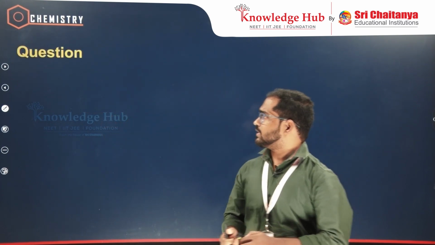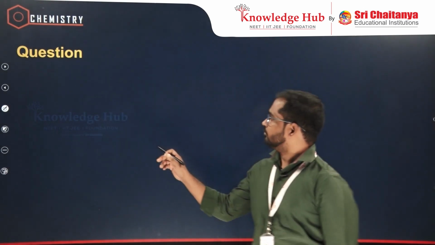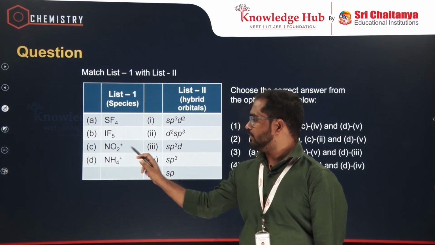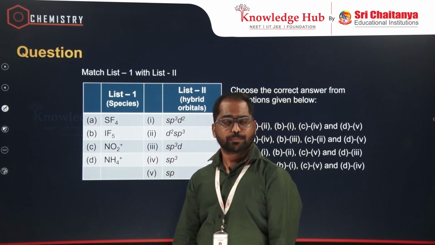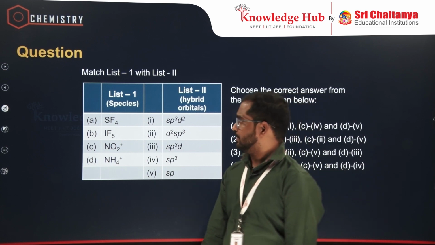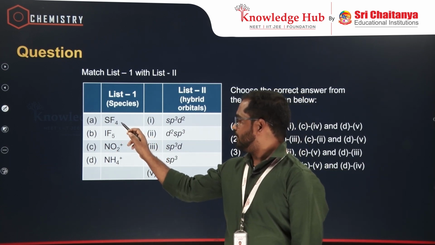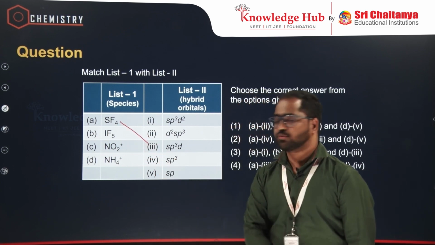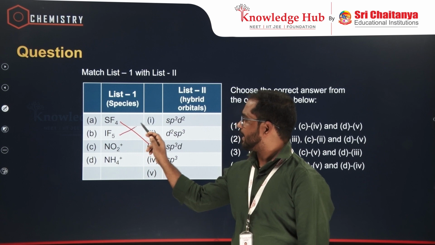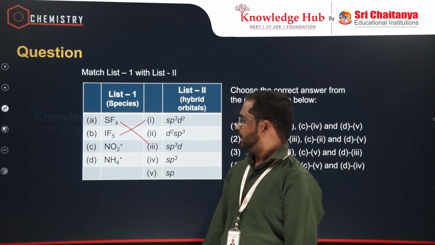In the question, the list, if you see, the very first question, SF4, IF5, NO2 plus and NH4 plus are given. The first thing we need to do is predict the steric number. The steric number for SF4 we already calculated, and for this, the hybridization is going to be sp3d. For IF5, you calculate by taking iodine as the central atom, and that is going to be sp3d2.